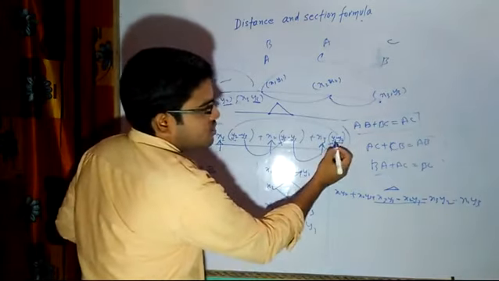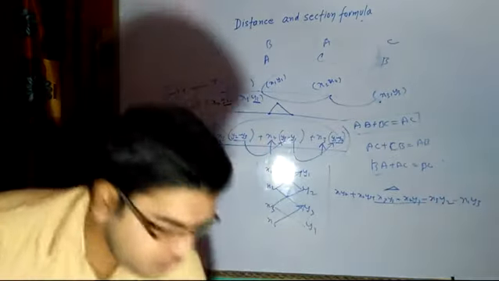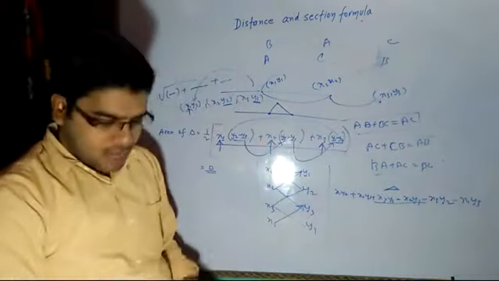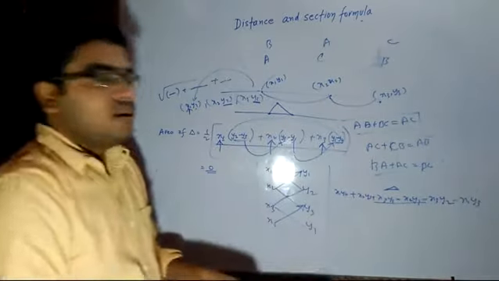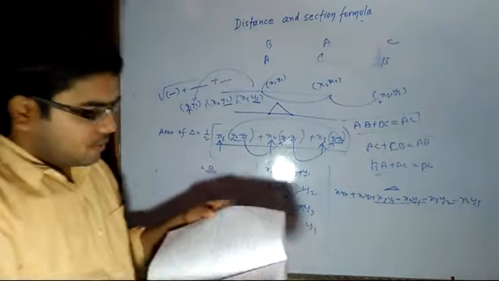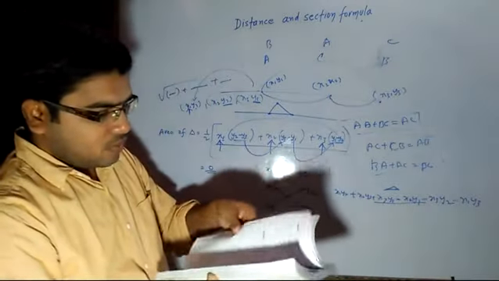So the sequence is 1 2, 2 3, 3 1. In this way you can understand, apply the formula, and calculate the area of the triangle. If the area of the triangle is equal to 0, then definitely the 3 points are collinear. In the same way, if you have 4 points also, you can find out.